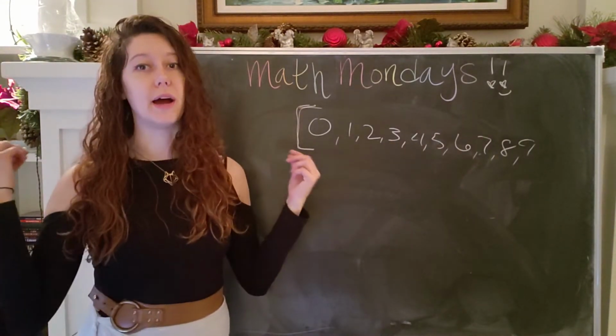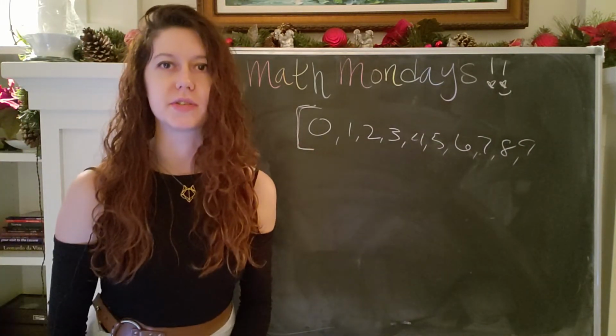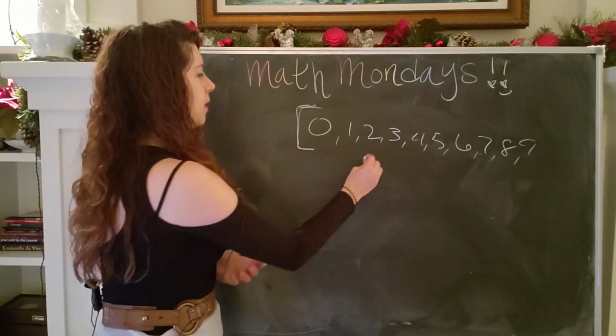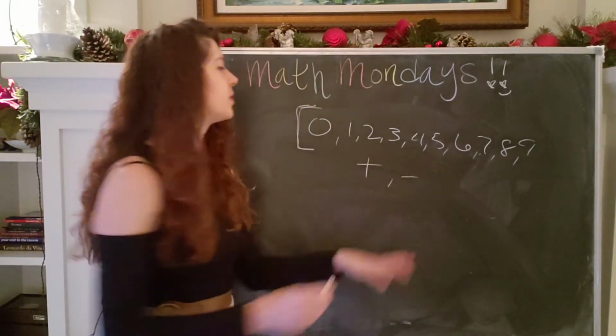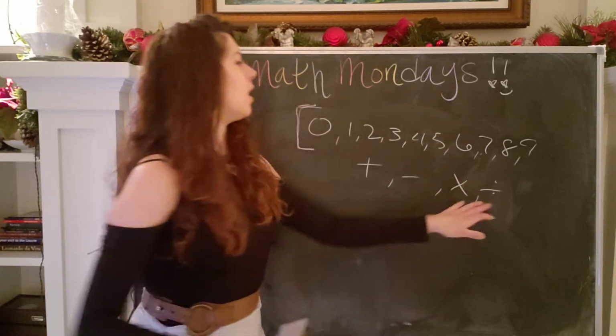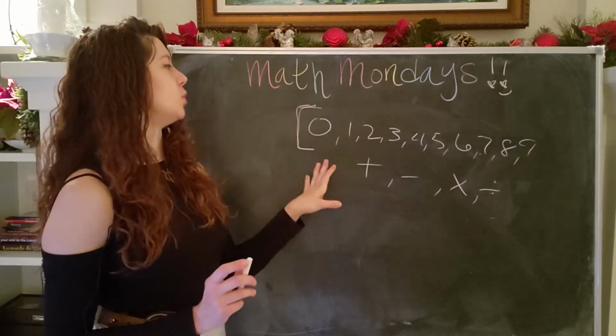Okay, so we have that down. Now in the language of math, we also have symbols that represent operations, or the way that we combine different quantities. So we have things like addition and subtraction. We also have things like multiplication and division, both of which are just faster and lazier ways of doing addition.